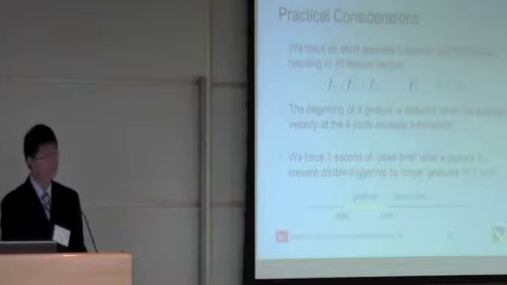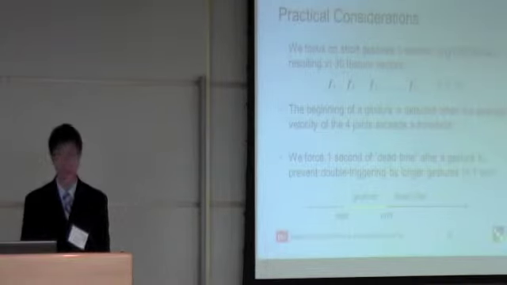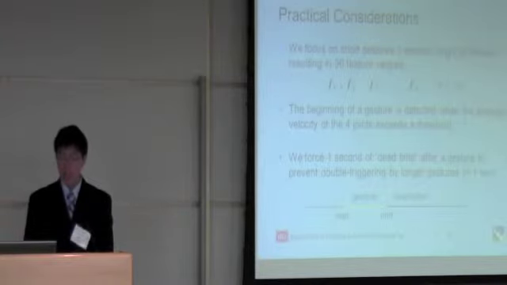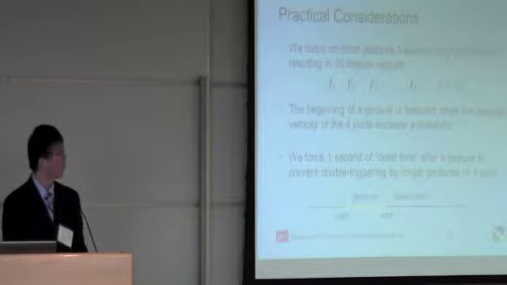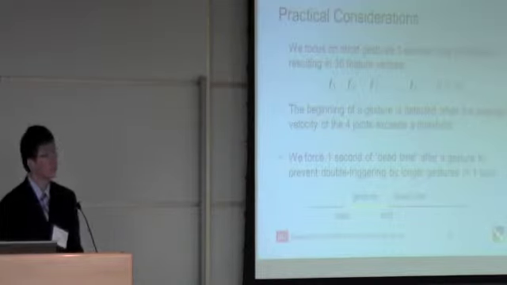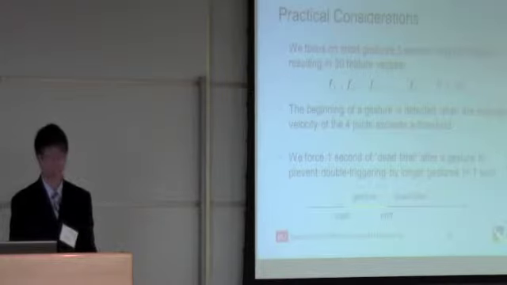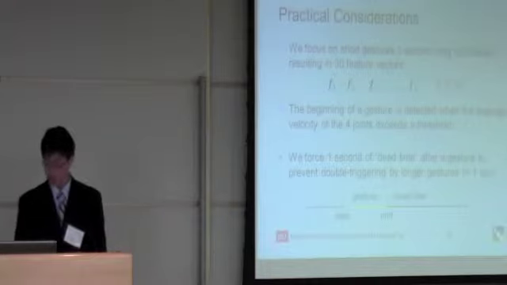If it exceeds a threshold, then we have an indication of a beginning of a gesture. On the other hand, there are cases where we perform a gesture that is longer than 1 second and would unintentionally trigger the system again. So we force 1 second dead time after a gesture ends to prevent this double triggering.